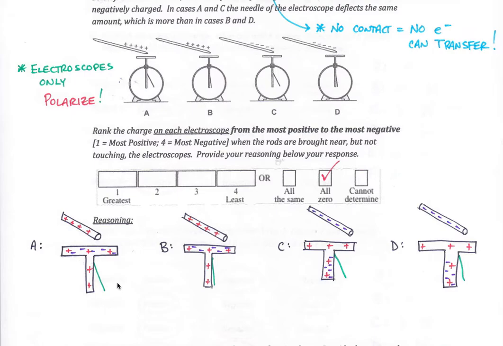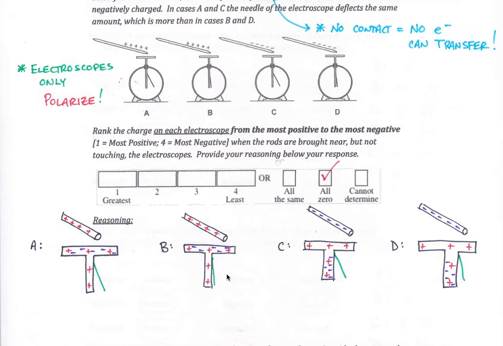If both of these sections have their electrons flee, that leaves both of them positive, and that's why this needle will begin to move. Because while the overall charge on everything is still going to be neutral, 1, 2, 3, 4, 5 protons, 1, 2, 3, 4, 5 electrons, the bottom half acts as if it's positive, which is why these two will repel.